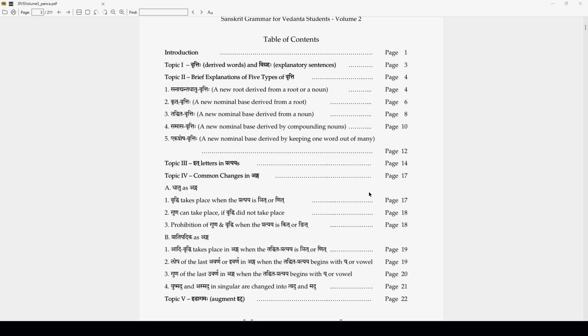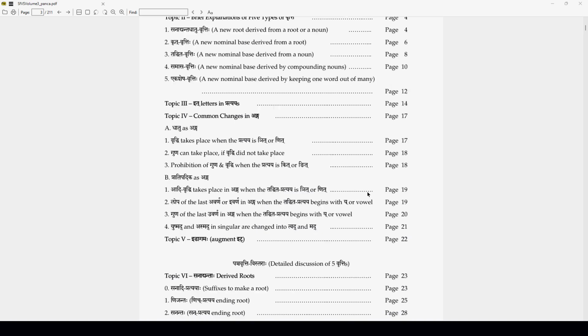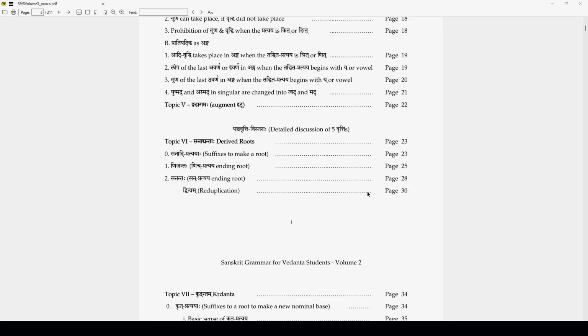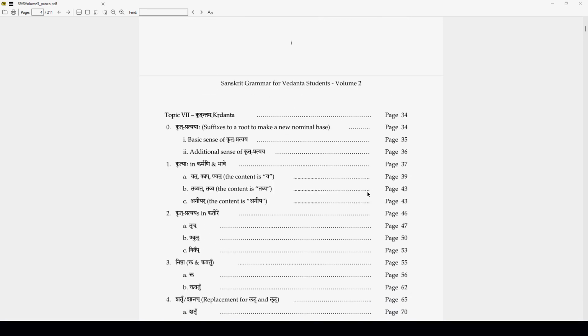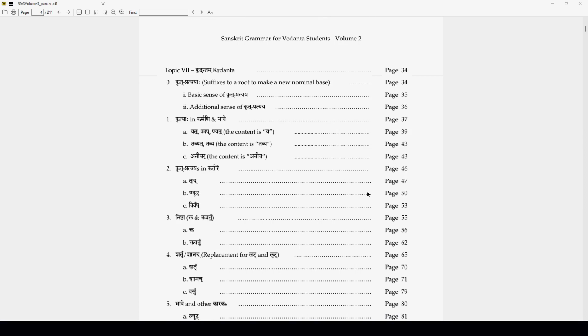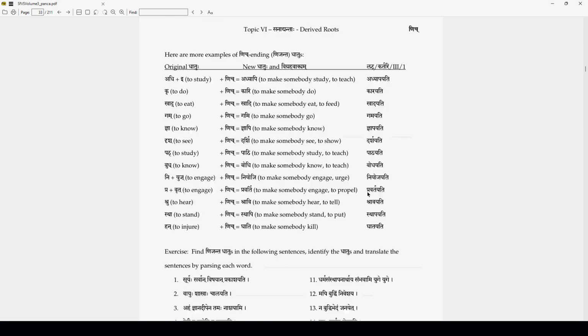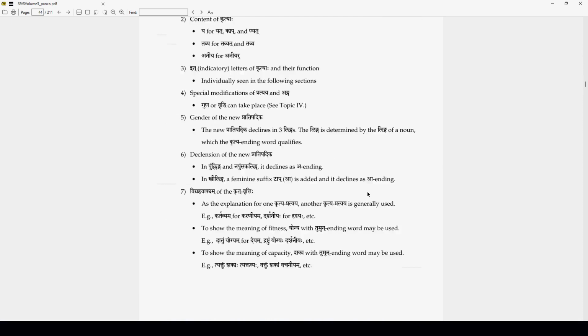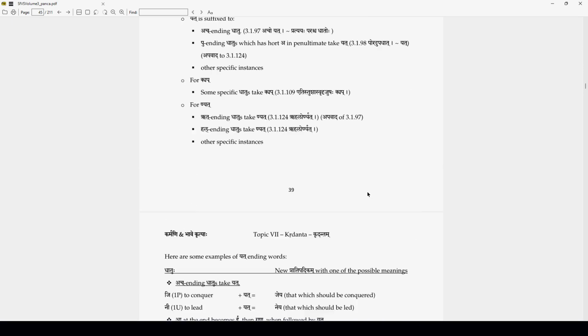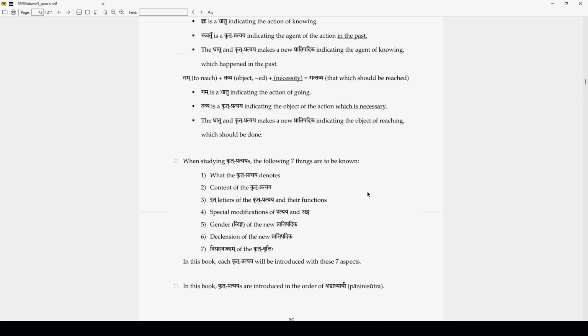Okay, going to krut pratyaya. It is krut pratyaya. This book is 34.